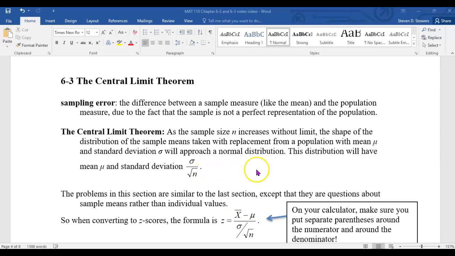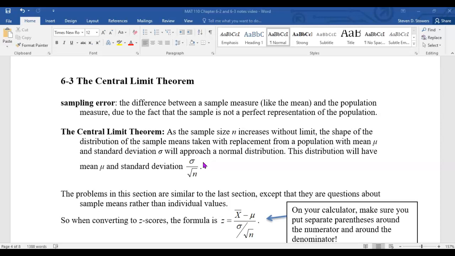The average of those sample means should be mu, pretty close to the mean for the whole population. And the standard deviation of those sample means should be sigma divided by the square root of n. Sigma stands for the population standard deviation, and n stands for the sample size, how many flowers you all had in your samples.